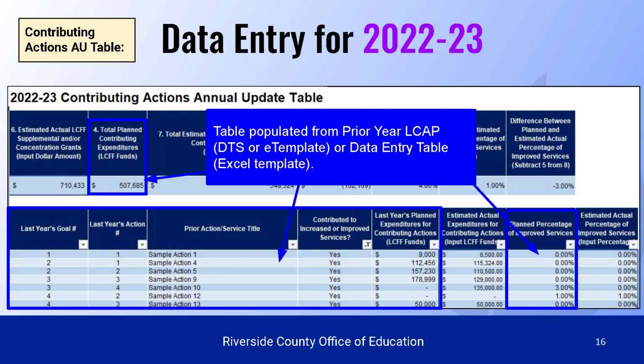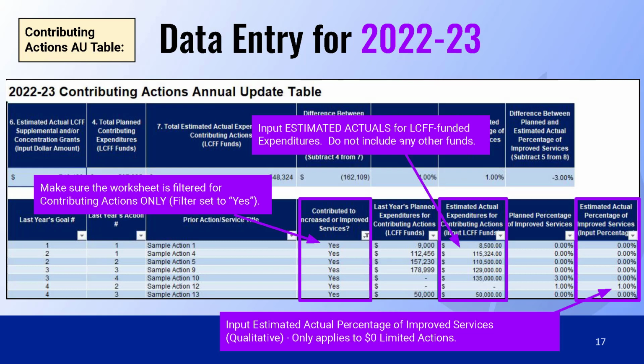The rest of the table is populated from the entries made on the data entry table, or if you're using any of the other electronic systems, they should be copied over for you. Now, similar to the last table, you are also going to enter in your estimated actuals.